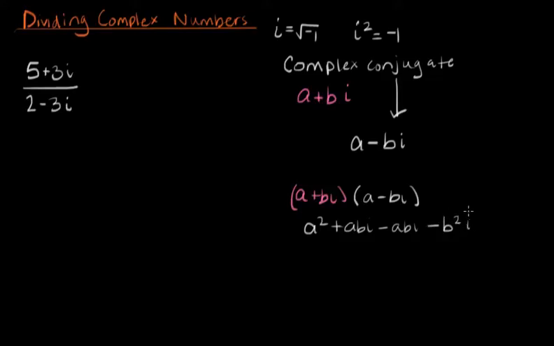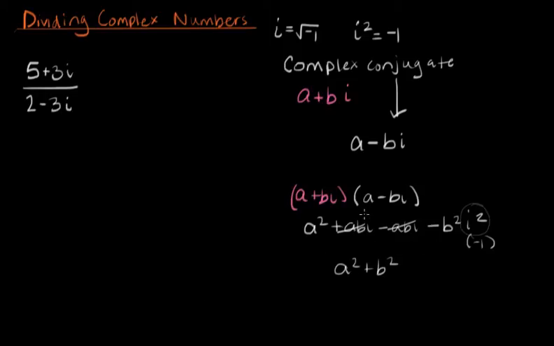b squared i squared. But now you'll remember, so abi and negative abi cancel each other out, and then this is b squared i squared. So i squared is equal to -1. So then this is just equal to a squared plus b squared.